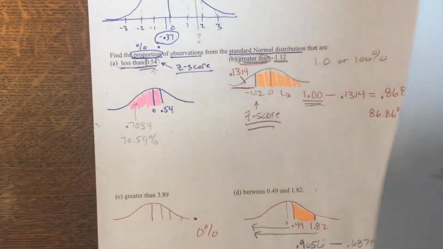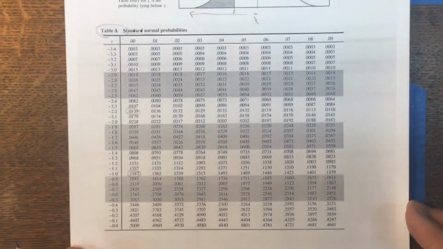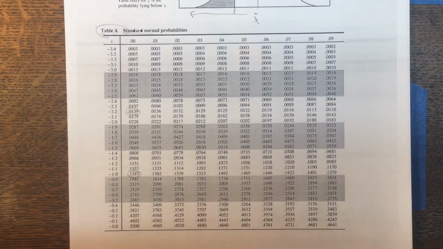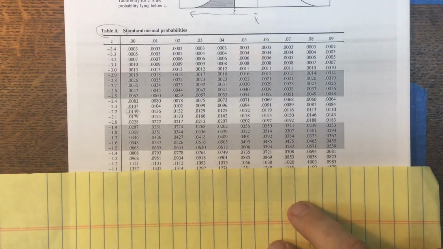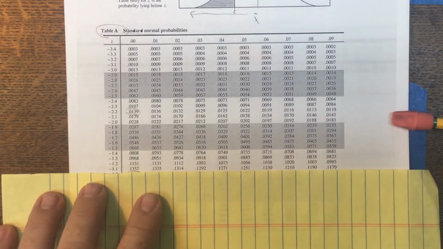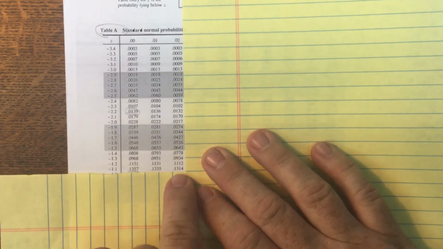So I'm going to find my negative table, go to the negative table, and I got to remember that one, negative 1.12. We're going to go to 1.1, and then I find my column, 0.02, there it is, 0.1314.